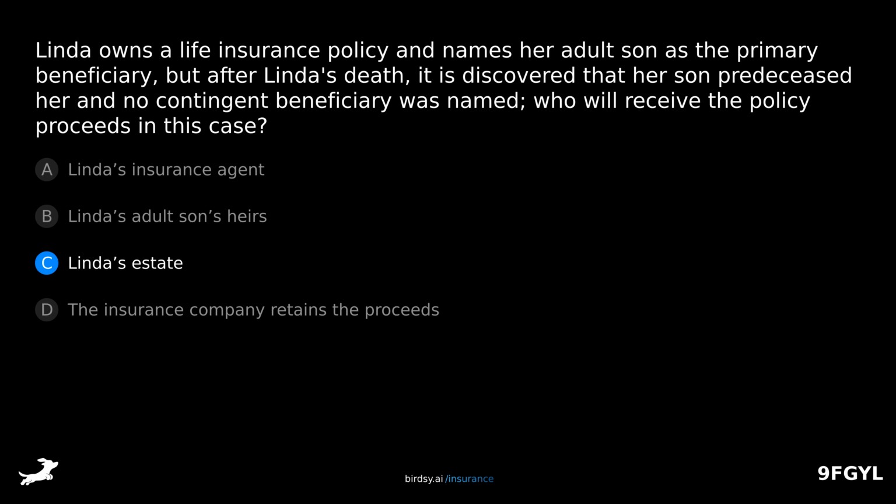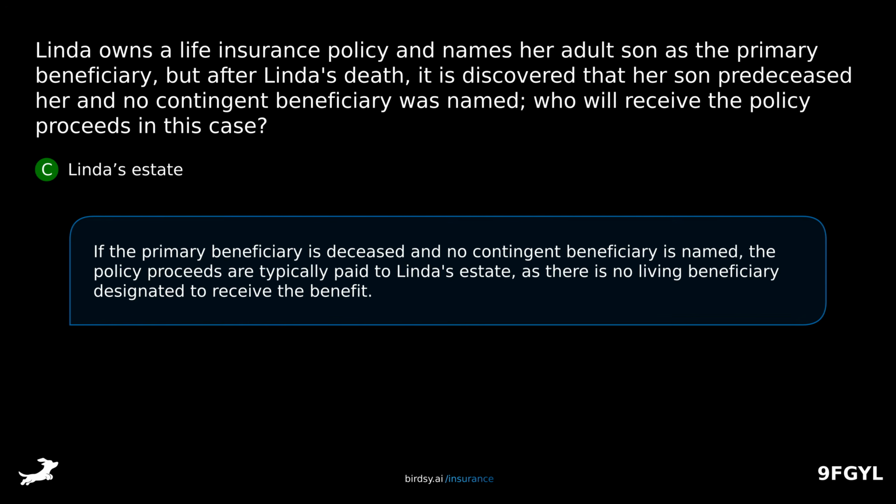C, Linda's estate? Or D, the insurance company retains the proceeds? The correct answer is C, Linda's estate. If the primary beneficiary is deceased and no contingent beneficiary is named, the policy proceeds are typically paid to Linda's estate, as there is no living beneficiary designated to receive the benefit.